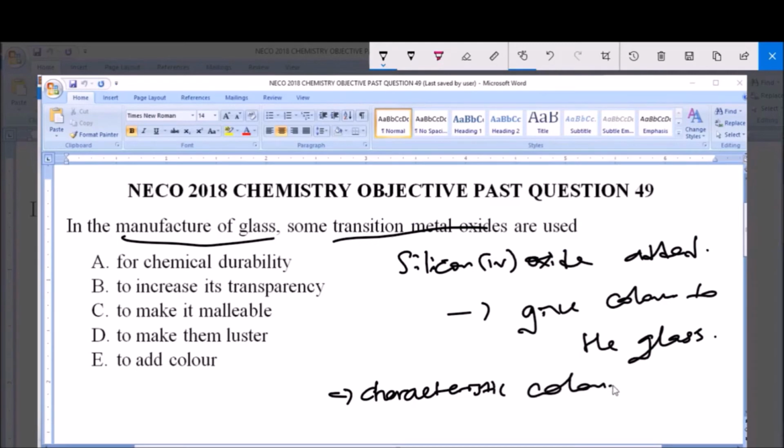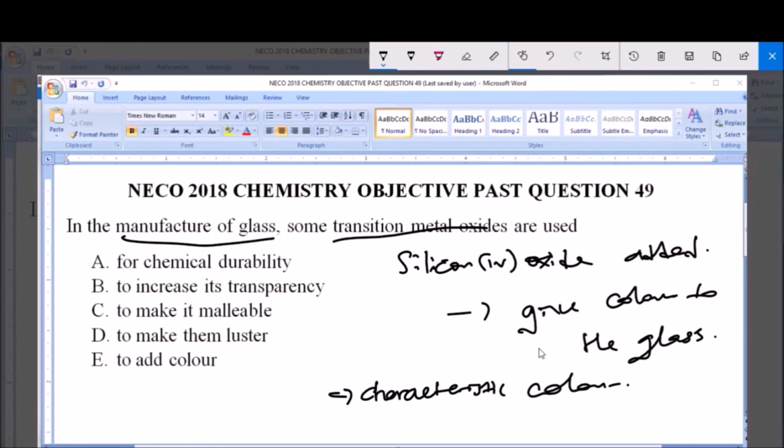Like we know, these transition metals have color. Addition of a characteristic transition metal to a glass will give it its own characteristic color, and this is how colored glasses are produced. So colored glasses are produced by addition of appropriate transition metal oxides to the silicon(IV) oxide when producing this glass.